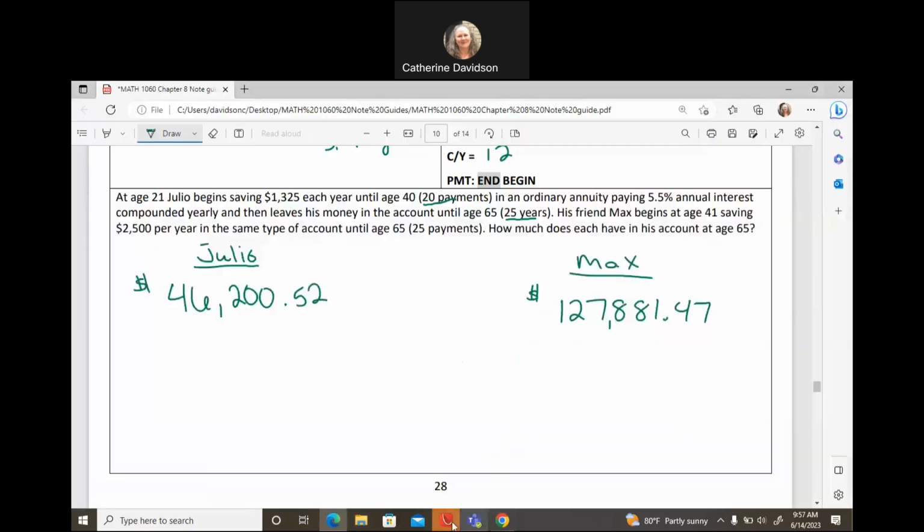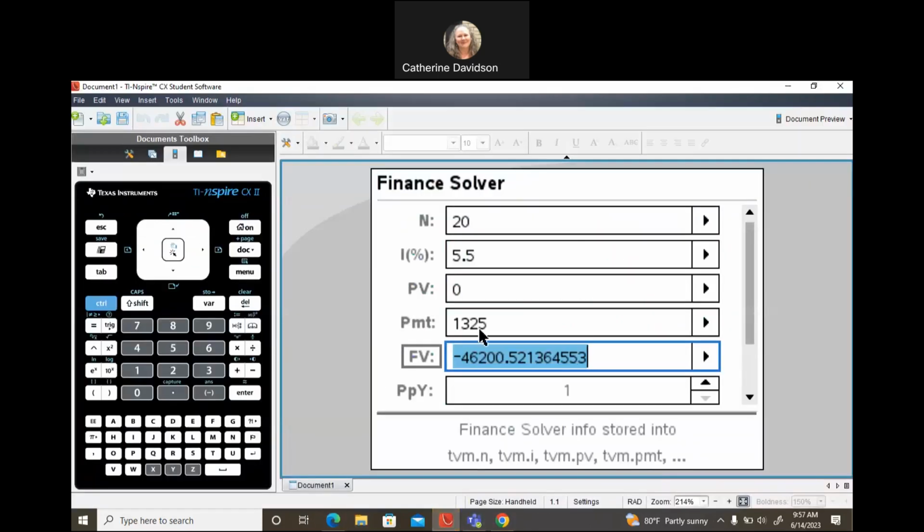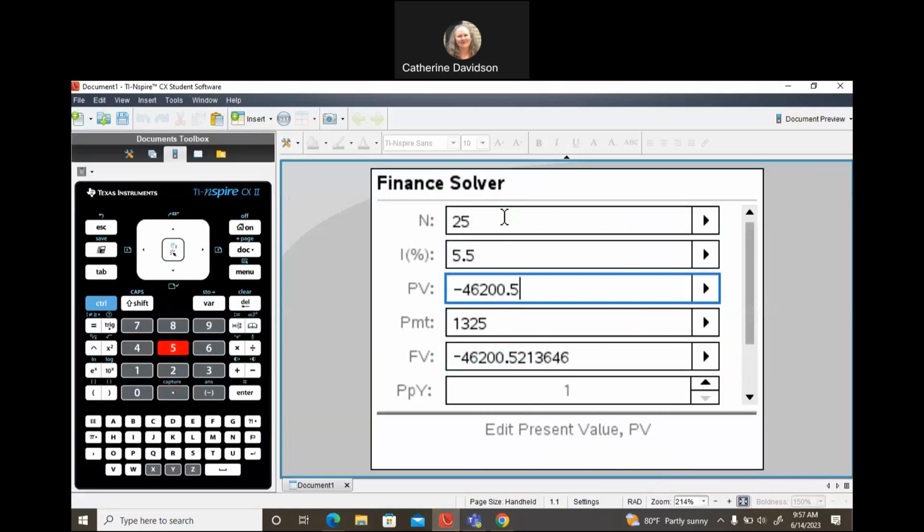Again, I'm going to hit the wrong button. So it's going to sit an additional 25 years. So we're going to do this again. Okay, so that's how much he has in the account.